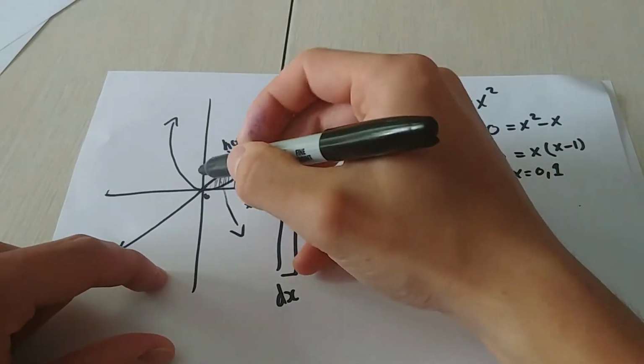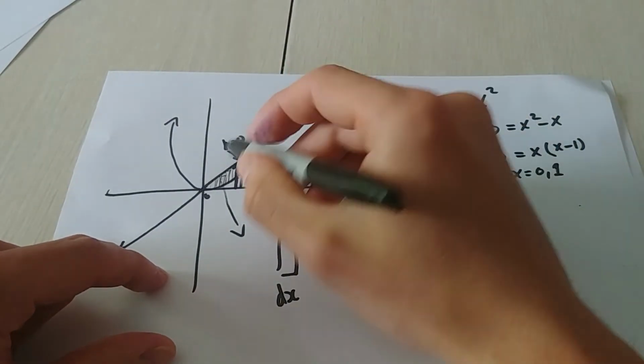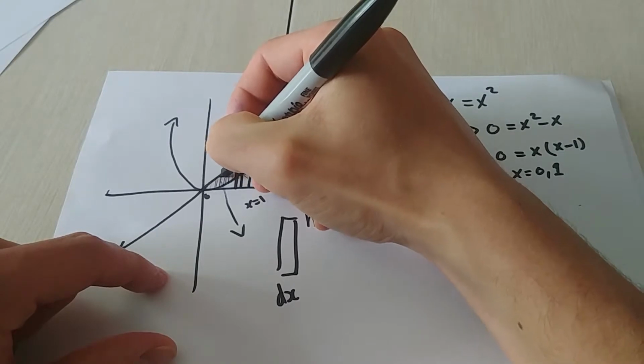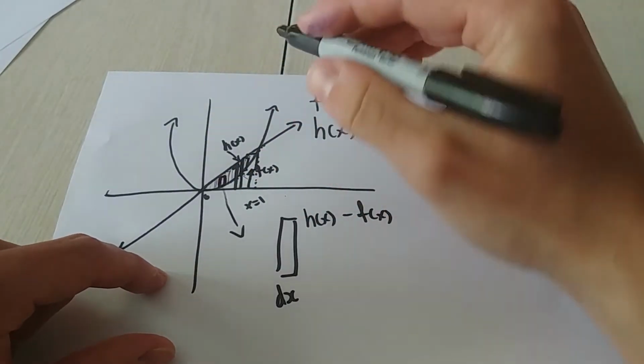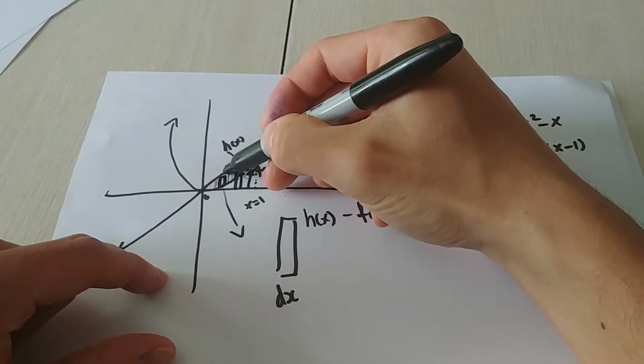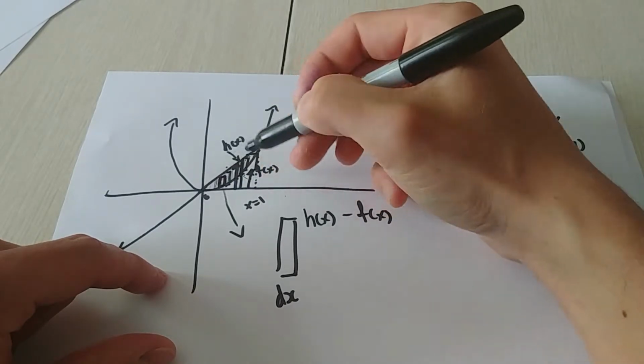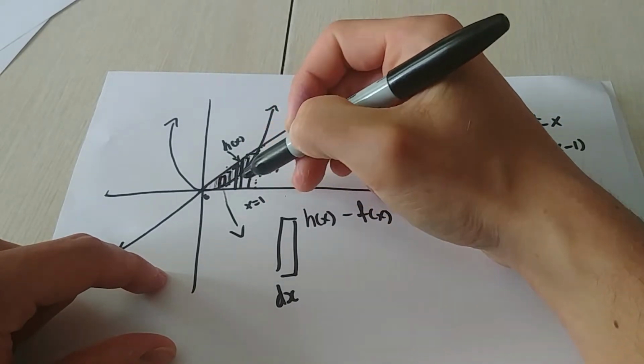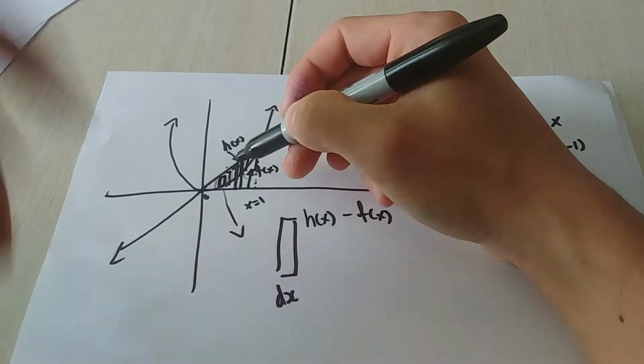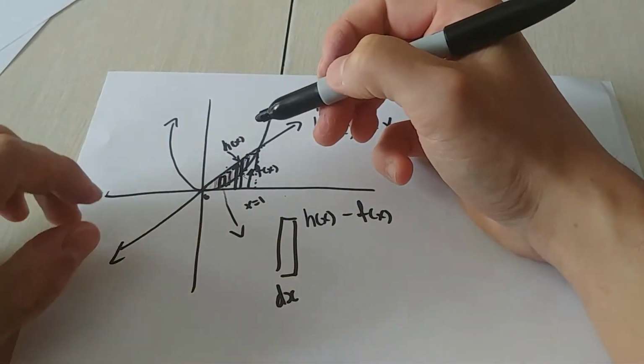So everywhere we look, we have this property. At this moment right here, the absolute height of this rectangle would still be h of x minus f of x, because we have to take the bigger height minus the smaller height. That's what we're doing.